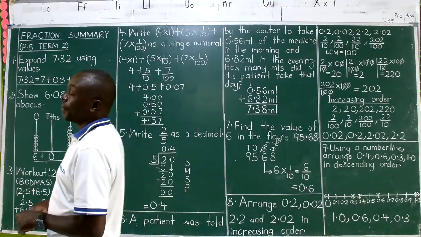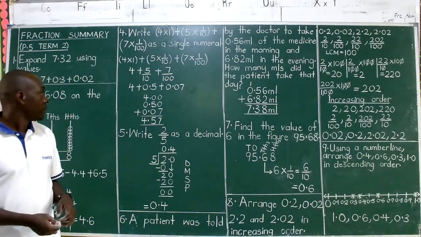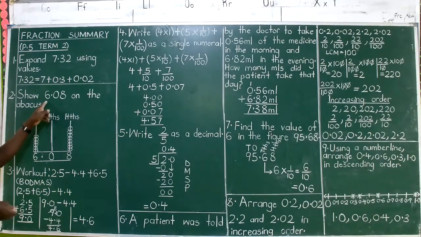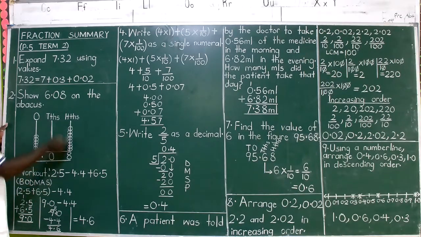So you think about place values of base 10. So that 6 is under ones, then after the point, 0 is under tenths and 8 under hundredths. So the counting frame or the abacus must have the place values of the particular base given, must have a digit per bar, and must have sitting beads, which you must observe.